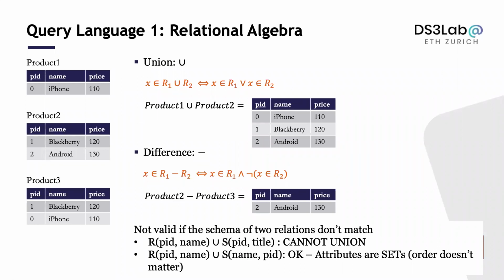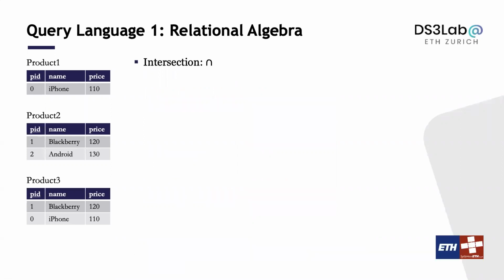So you can still union these two. This is okay. And this is within the framework of the relational model. When you are using a real database, we are going to talk about it, that's going to be a little bit different. But when we talk about theory and the relational model, attributes are sets.